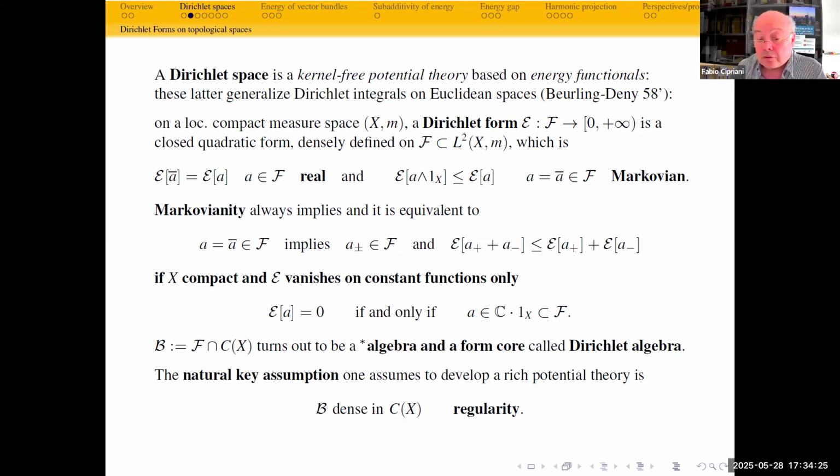The natural key assumption to develop a rich potential theory is to assume that this algebra, which is always an algebra of any Dirichlet forms, is uniformly dense in the space of continuous functions. So it's not only a form core in L2, but is also a dense involutive subalgebra of C(X). This regularity property is also central to associate a stochastic process, a good Markov process, to a Dirichlet form.